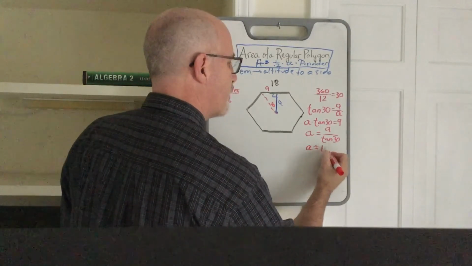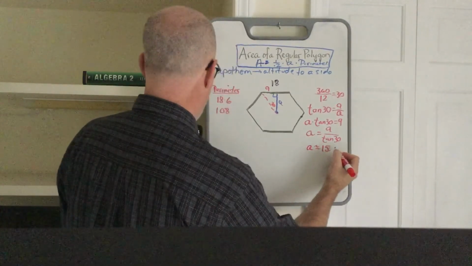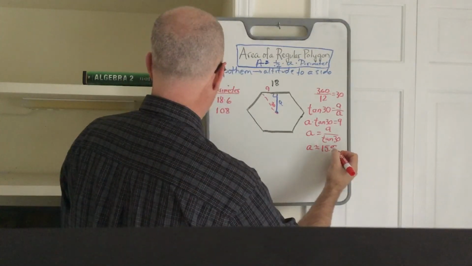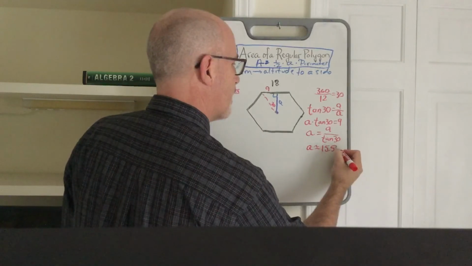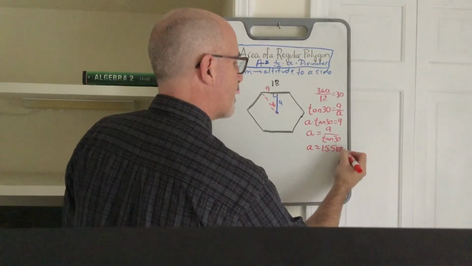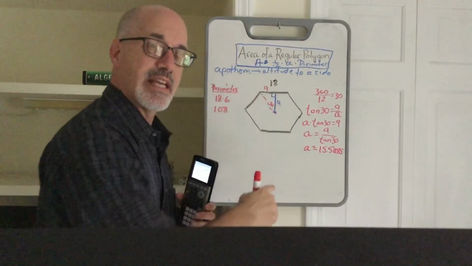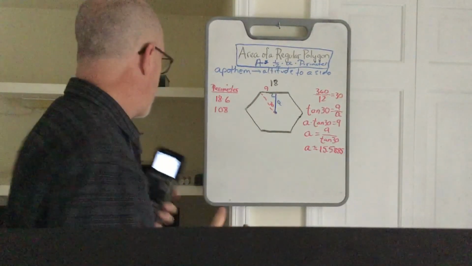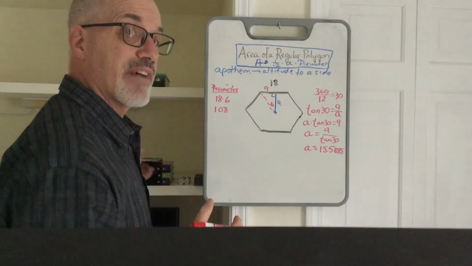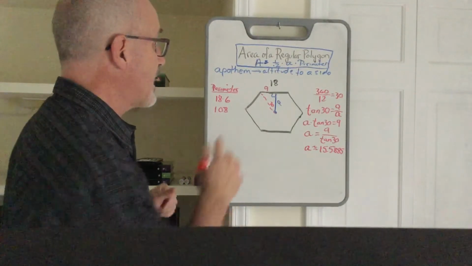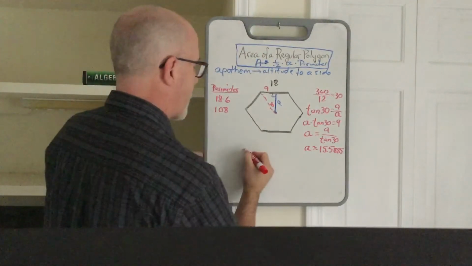So I get 15.5885. Okay, so that's my apothem length. And if you use special right triangles, you could actually get exactly what that value is. Now let's just go back to our formula for area.